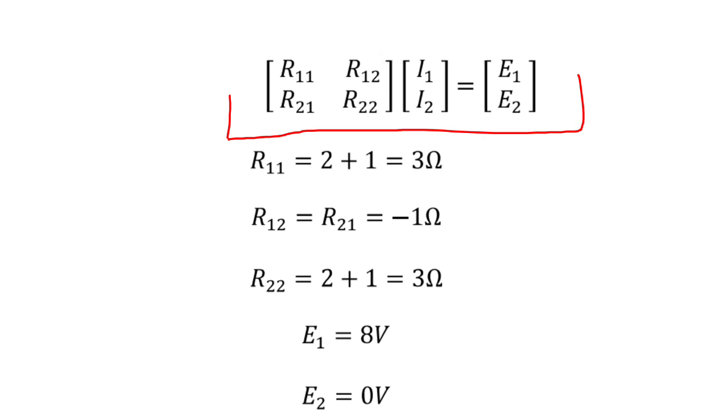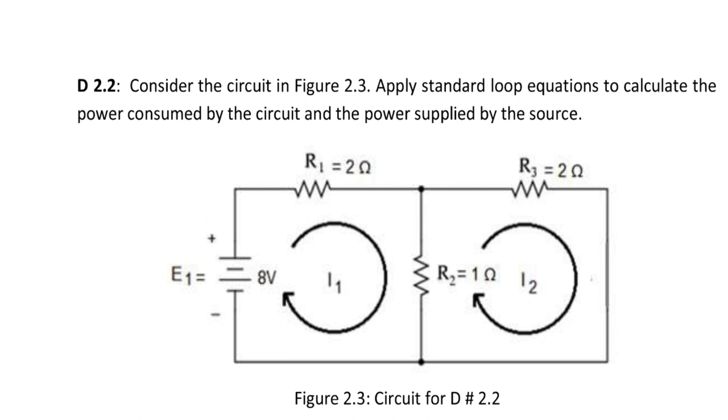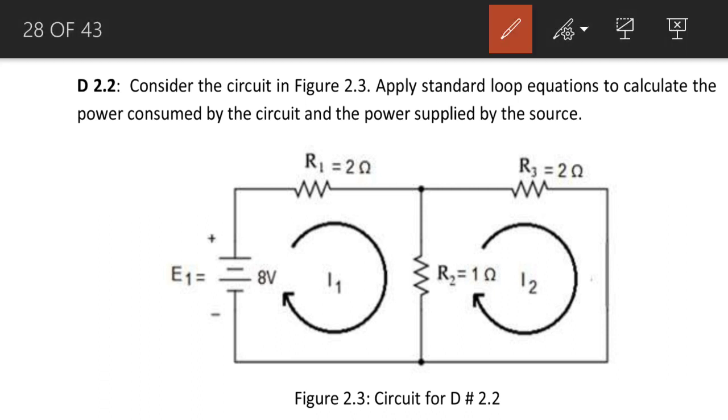So we find out R11. You see, there are two resistors in loop number 1, R1 and R2. And the sum of these two is equal to 2 plus 1, which is 3.